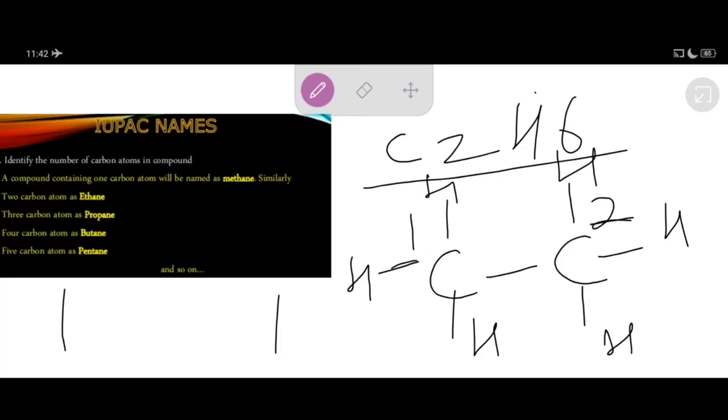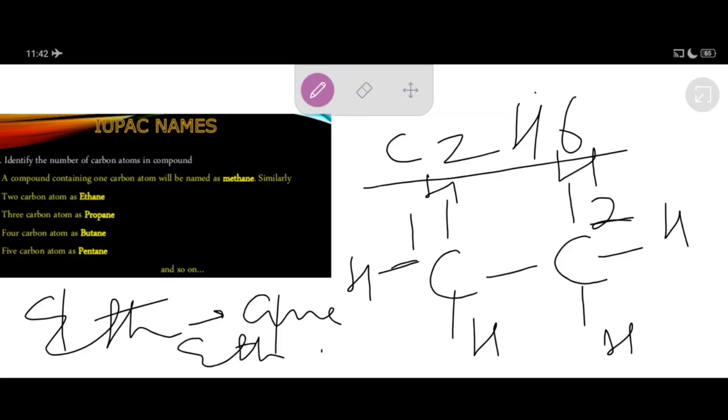For two carbon atoms, you are supposed to write "eth", my dear students. And for carbon-hydrogen single bonds, that means this is a saturated hydrocarbon, and there is the presence of single bonds, that is "ane". That's why this compound is named eth plus ane, that's ethane.